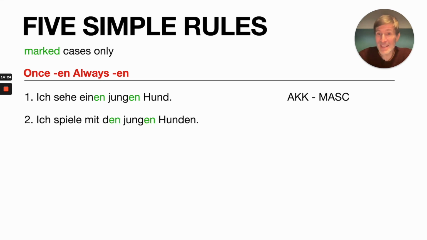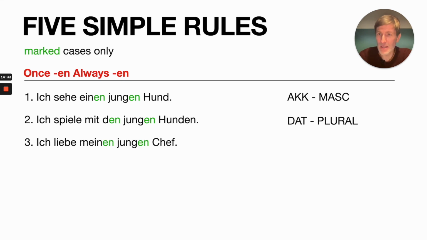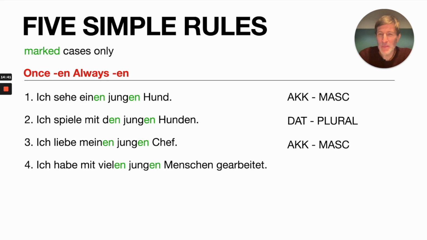Ich spiele mit den jungen Hunden. You see here, den ends in en, therefore, jungen Hunden. Ich liebe meinen jungen Chef. Meinen is an article, it ends in en, therefore jungen also ends in en. Ich habe mit vielen jungen Menschen gearbeitet. En. Beautifully simple.